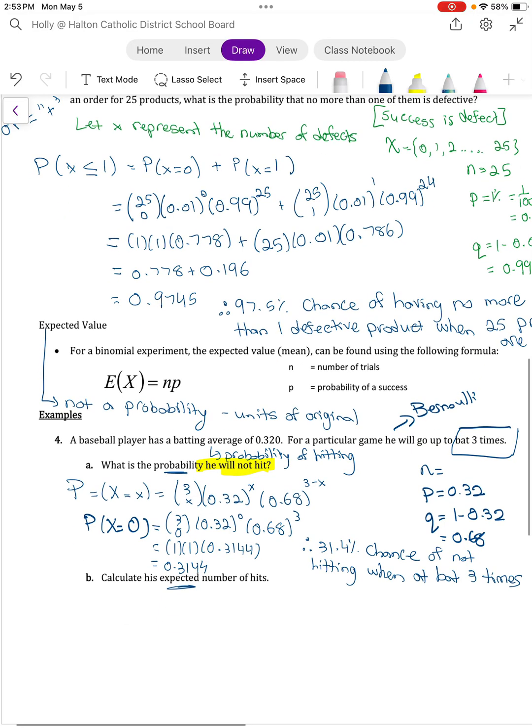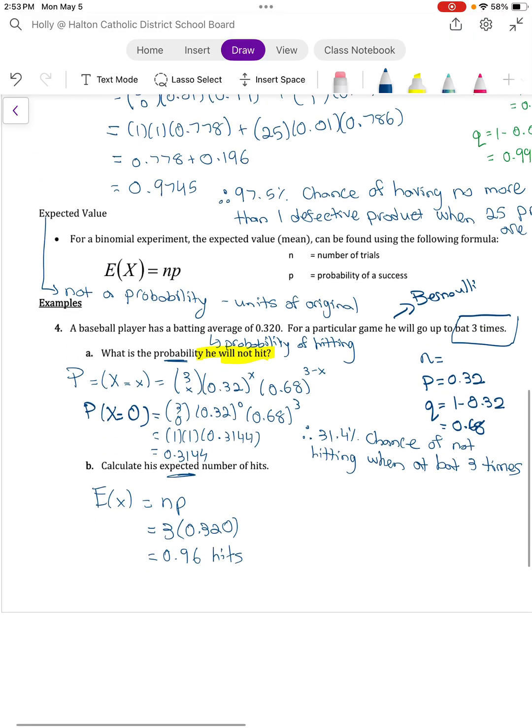And now the expected number of hits would be using our formula, E of X equals N times P. N is the number of trials, so we have 3 trials. The probability of success would be his batting average. So 3 times 0.32 gives us 0.96 hits. Those are the number of hits. So we're looking at discrete data.